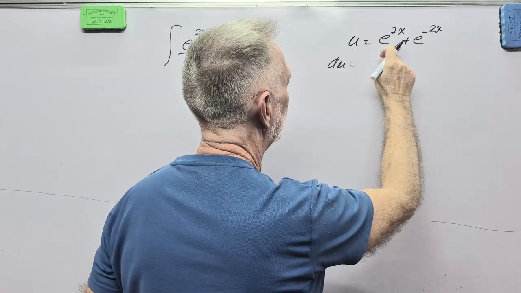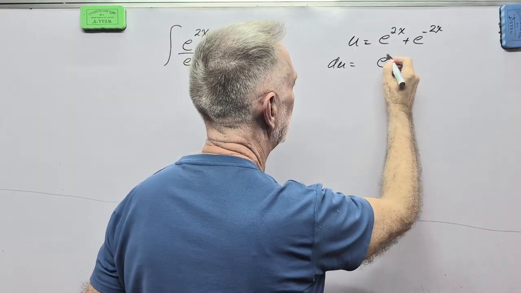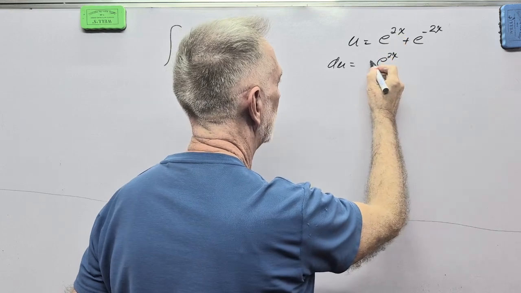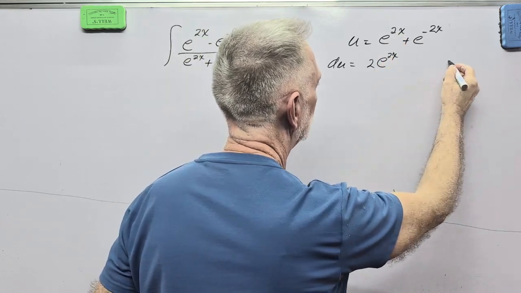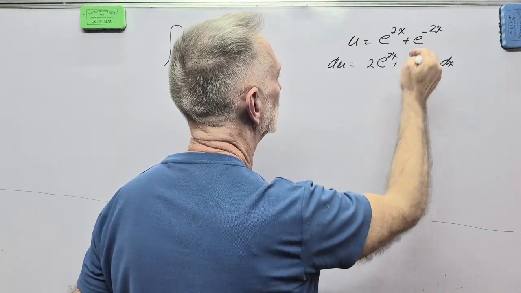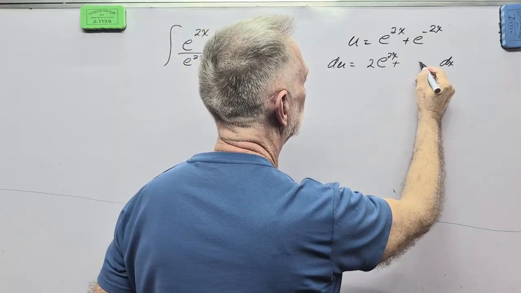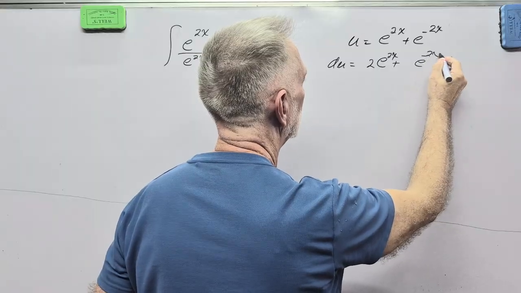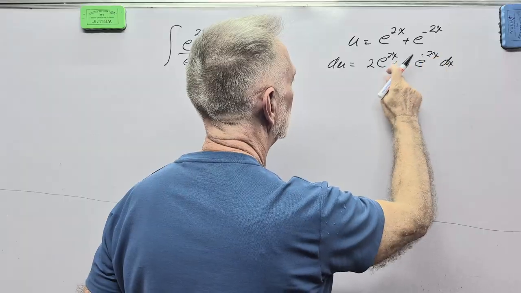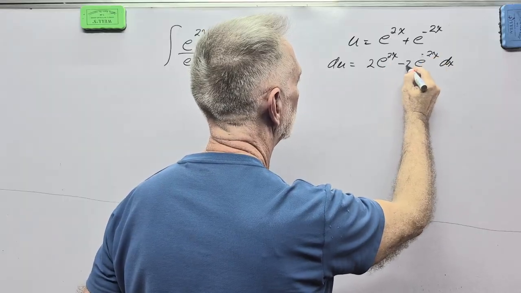So the derivative of e to the 2x is e to the 2x times the derivative of 2x, which is 2 dx. I'll put the dx out here, plus e to the minus 2x times the derivative of minus 2x, which is minus 2.